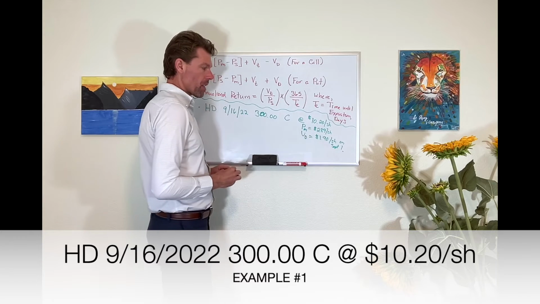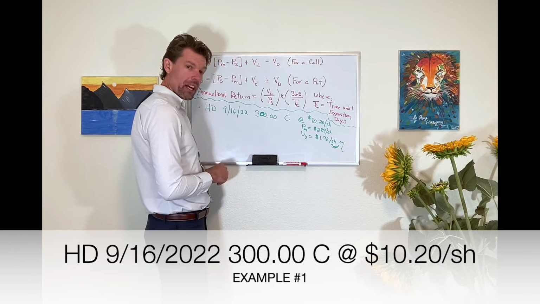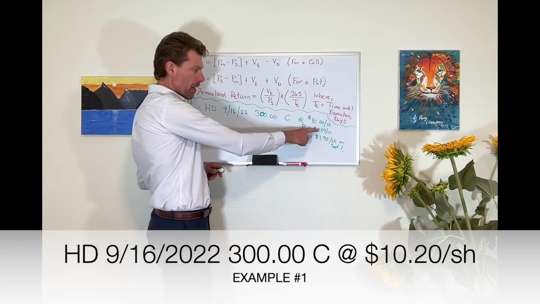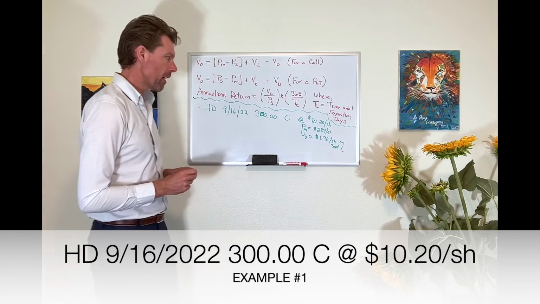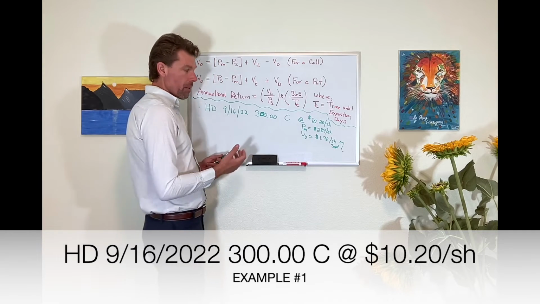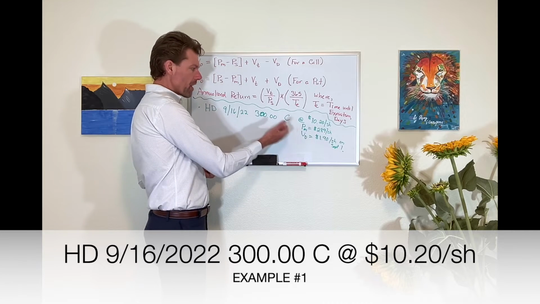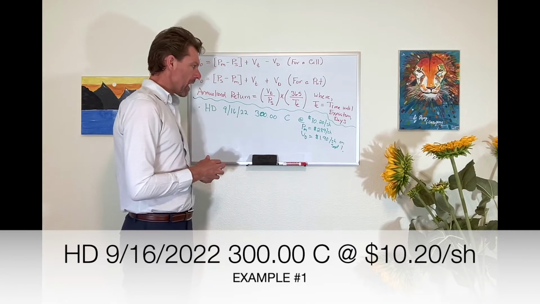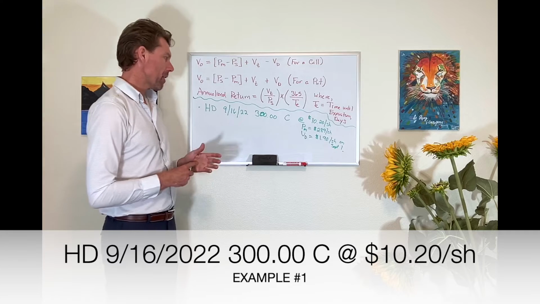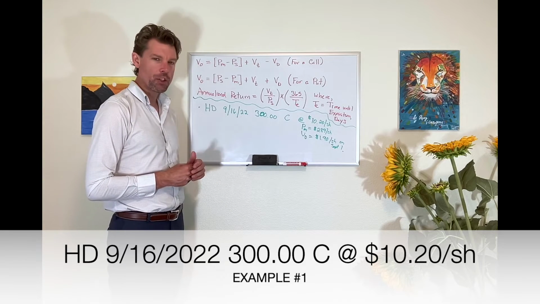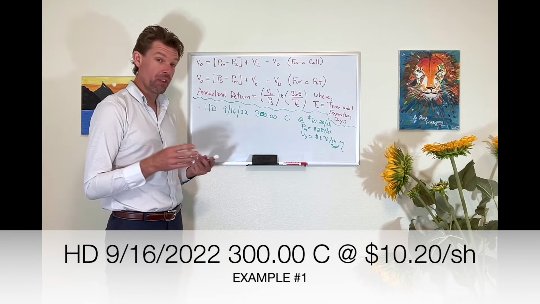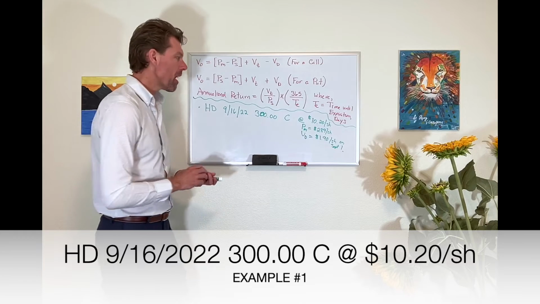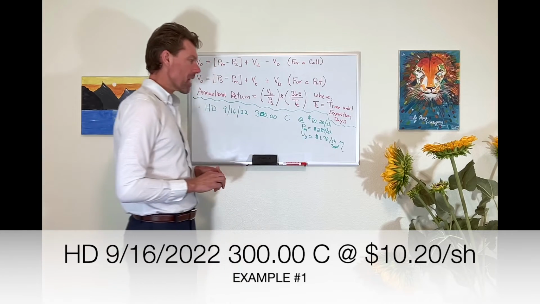Although the market price of Home Depot is less than $300 a share, it's trading at $289 a share. So your immediate question may be: if it's less than the strike price, and if I were to try and exercise this, the contract is essentially valueless, at least from the intrinsic value point of view. How does it have $10.20?